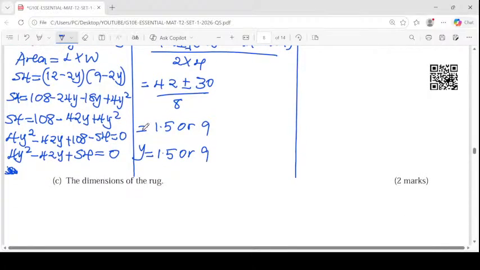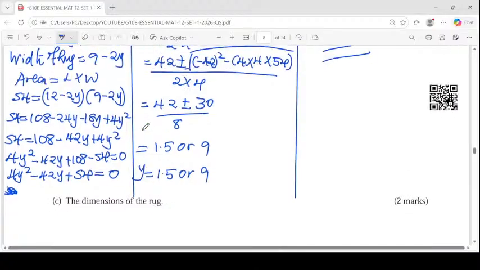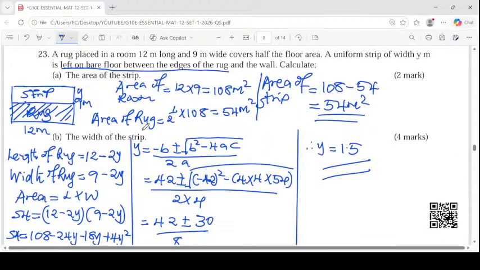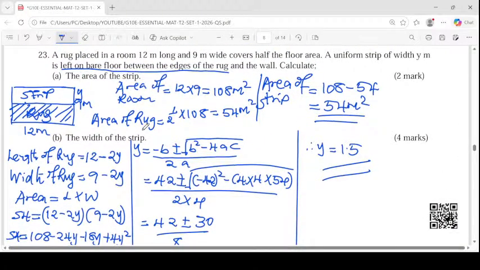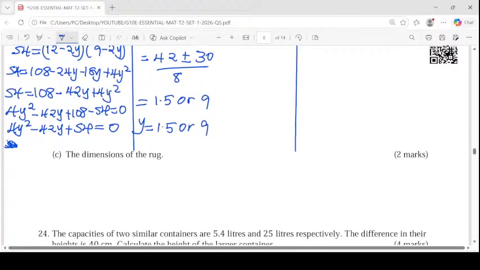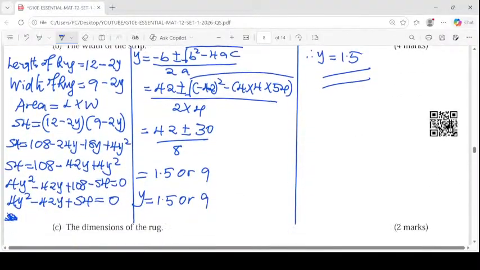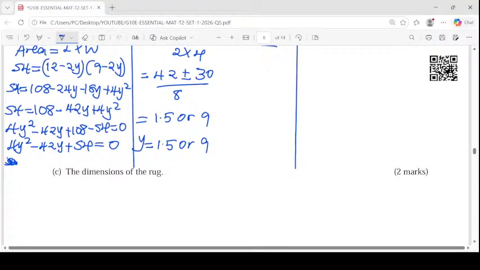But see the dimensions of the rug. Let us see the dimensions of the rug. Now, if the strip is 1.5 meters, remember the area of the rug was 54 square meters.